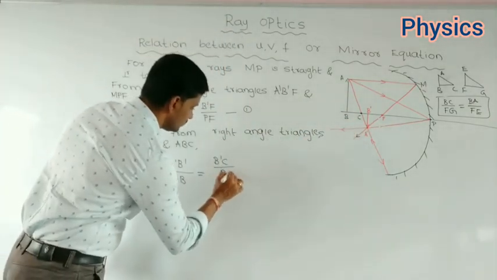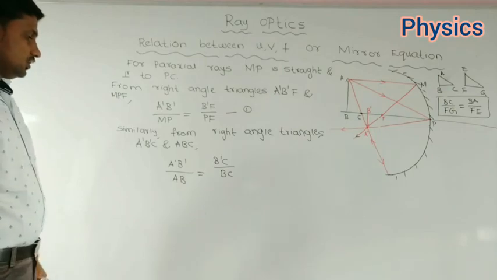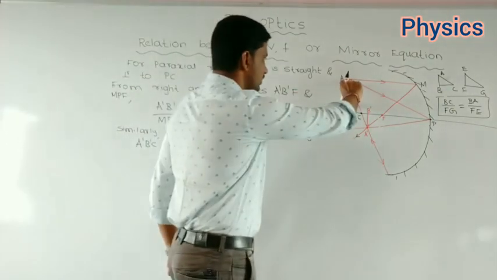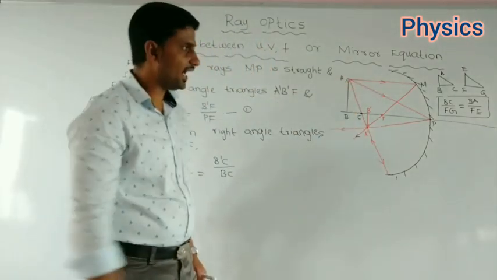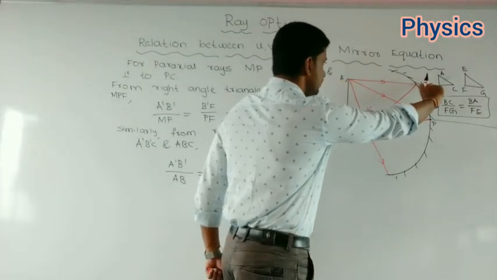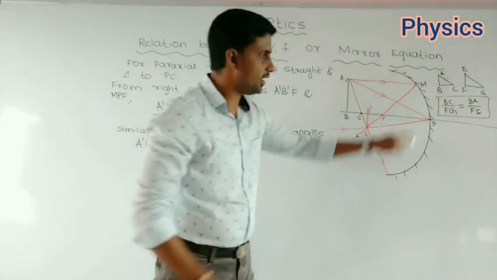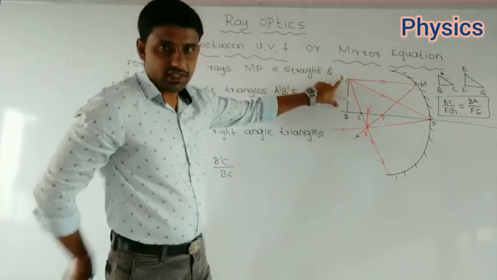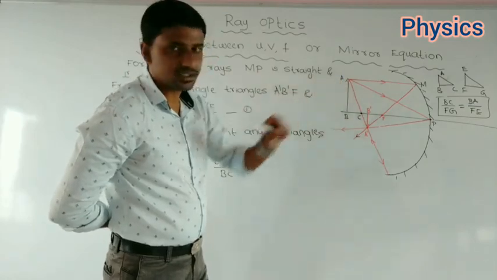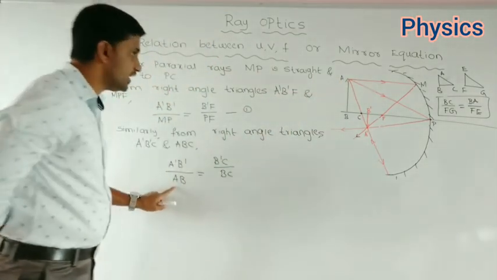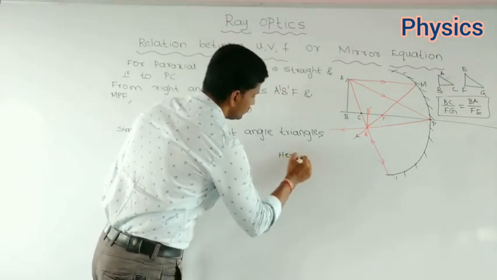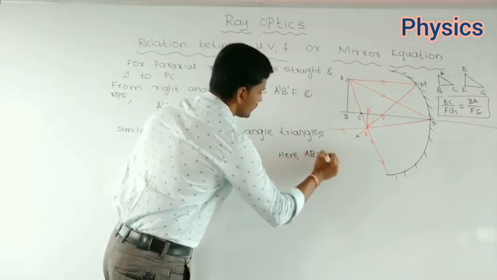If you observe here, AB is nothing but the height of the object. The height of the object is the same as the distance MP, M to P. Both have the same height, so I can write AB is equal to MP.